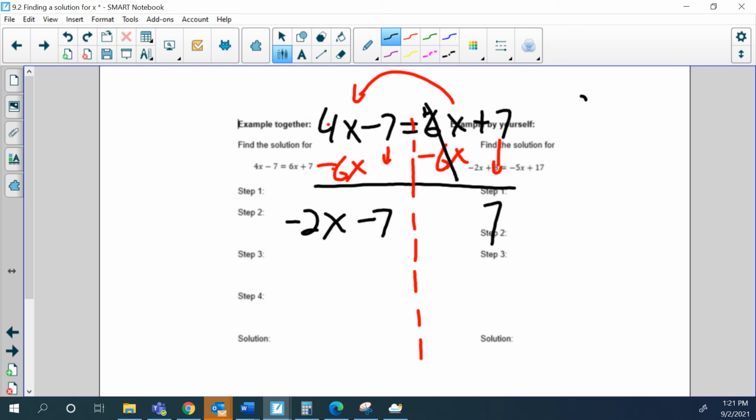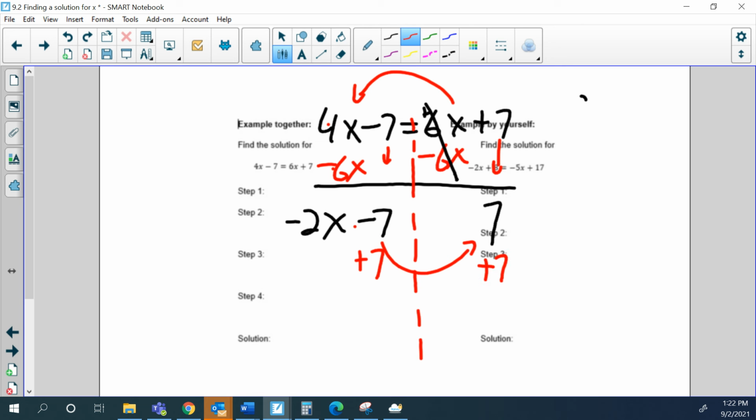Okay, so look at it now. On the right side, I have numbers, but here I have a negative 7 on the left side. He's in the wrong place. So I need to get this 7 over on this side here. How do I do that? Again, this is negative 7. To undo that negative 7, I'm going to add a plus 7, and then a plus 7 here.